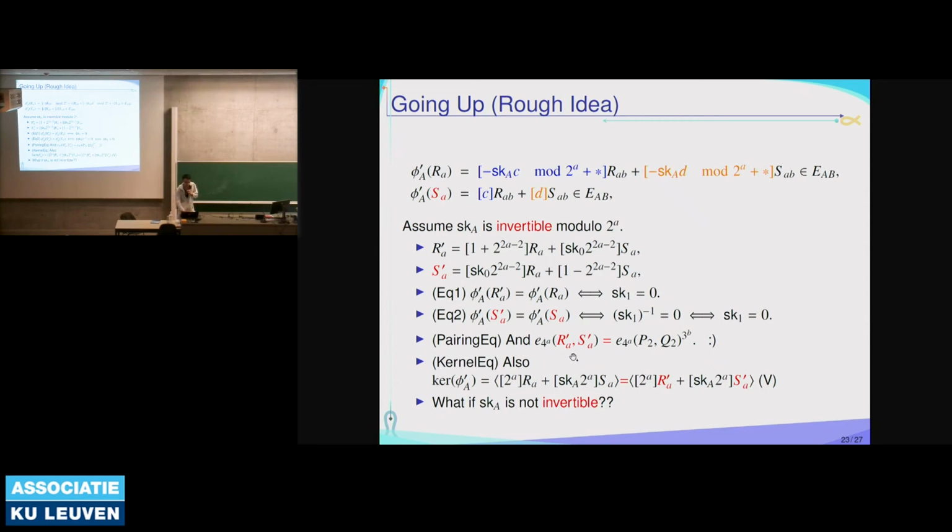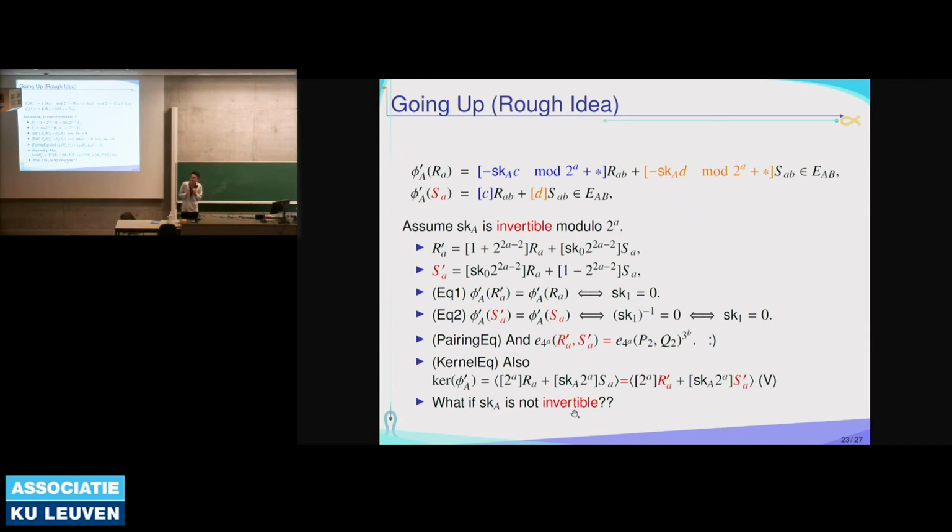And we check the pairing. So now the pairing holds, because you can see the determinant is equal to 1 modulo 2 to the 2a. So that's why the pairing equation will hold in this case. And also the other one is the kernel, and luckily the kernel is the same.